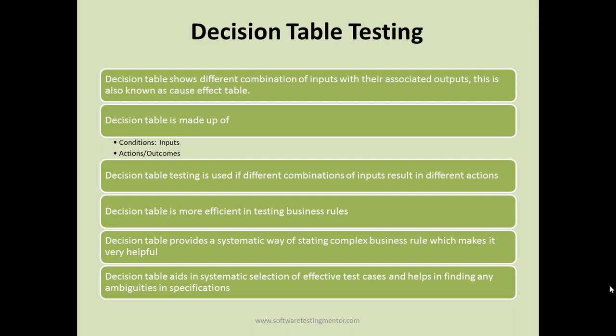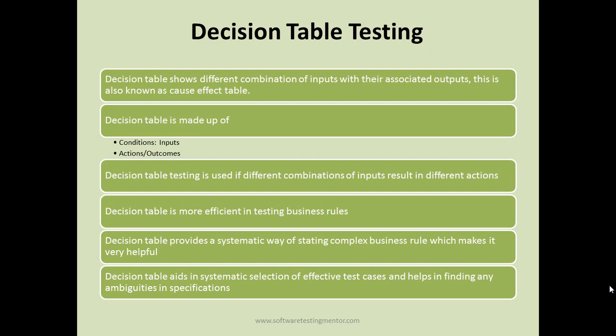If you have some modules in your software for which the outcome is dependent on some combination of inputs, then in that kind of scenario you can have a decision table and list all those conditions or inputs and list the outcome of those conditions.